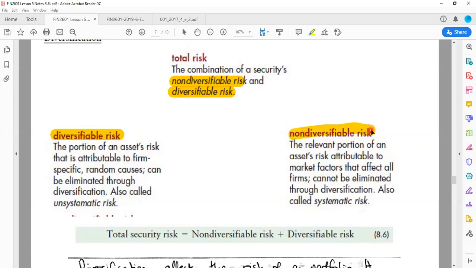And then when we invest in an asset or in a particular company, we also have non-diversifiable risk. This is the relevant portion of an asset's risk attributable to market factors that affect all firms and cannot be eliminated through diversification. Non-diversifiable risk is also called systematic risk. This is the risk that affects all firms, all companies.